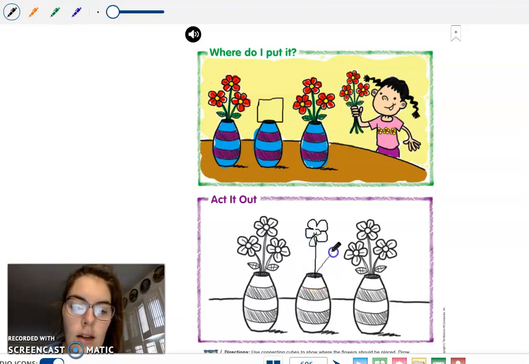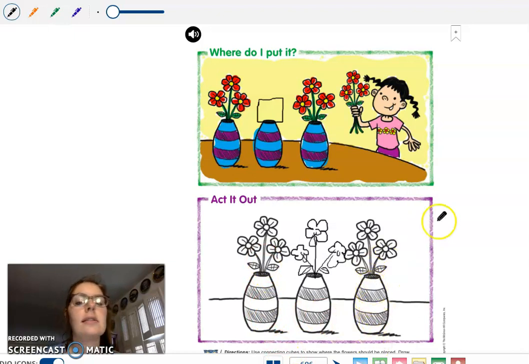And I'm going to draw one here, one here, and remember, no need for them to be perfect. See? Okay, so I drew flowers in the vase that is next to this vase and next to this vase. So you go ahead and draw your flowers.